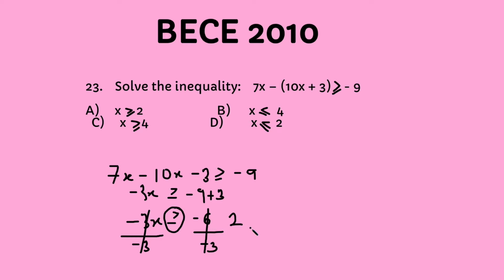Once you divide an inequality, take note, the direction of the inequality sign would immediately change. Our answer is D.